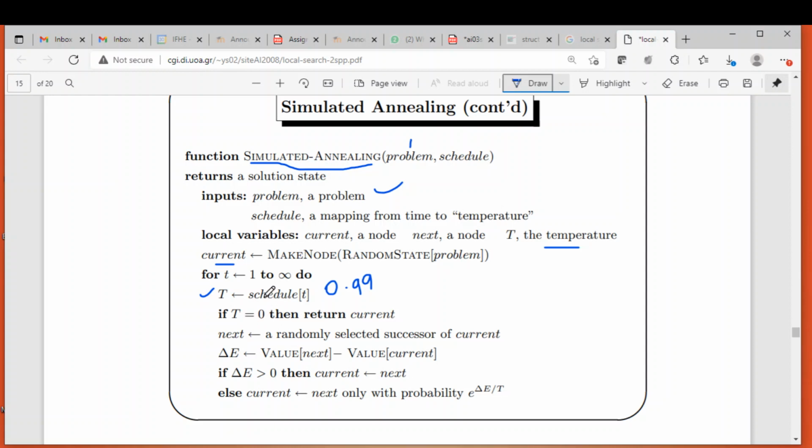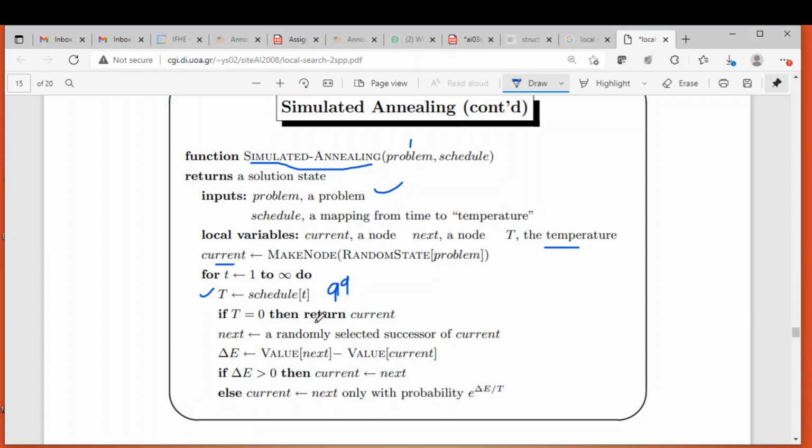If T is 0 we cannot continue, because the algorithm itself is controlled by T, right? Initially when small t is 1, let us assume schedule of t gives 99 or 100, some high value. Gradually as small t increases, this capital T will decrease.